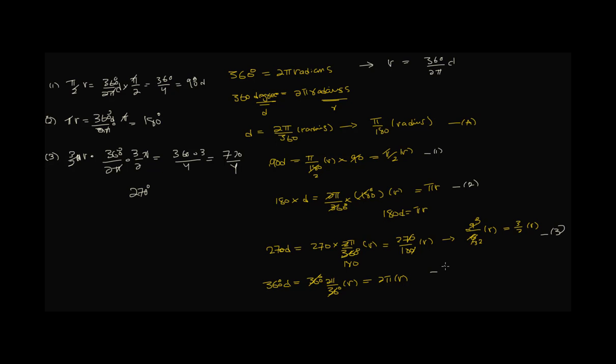So let's do the last one. We multiply both sides by 2 pi radians. So 2 pi R is equal to 360 divided by 2 pi times 2 pi. 2 pi is cancelled with 2 pi, and we're left with 360 degrees.